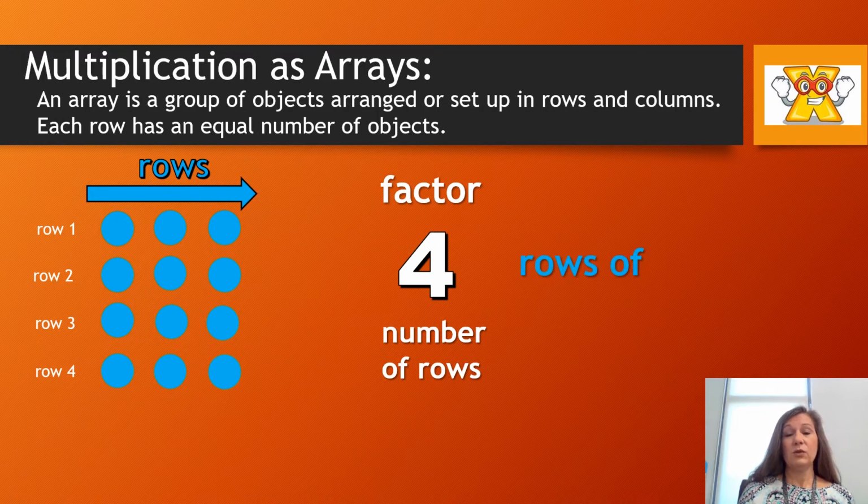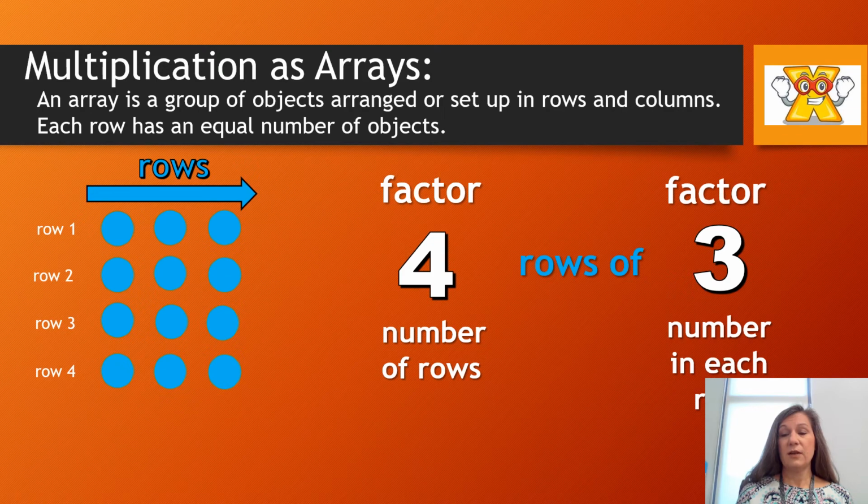Next, we can use our rows of to replace the multiplication symbol. And our second factor is going to still tell us the number of objects in each group, or each row in this case. So there's 3 in the first row, 3 in the second row, 3 in the third row, and 3 in the fourth row.